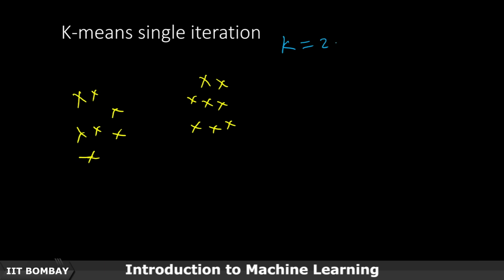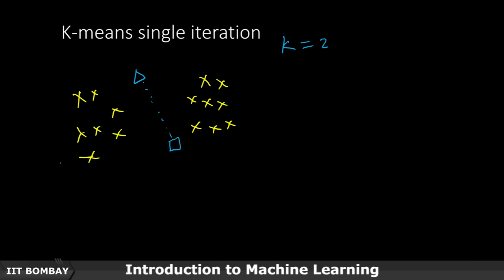Somehow we started with k is equal to 2, and let's say one of the points is here, and the other point is here. So the first thing that we will do is find out which points belong to which cluster. If you look at these two points and I join them with a line, on this line I compute a perpendicular bisector.